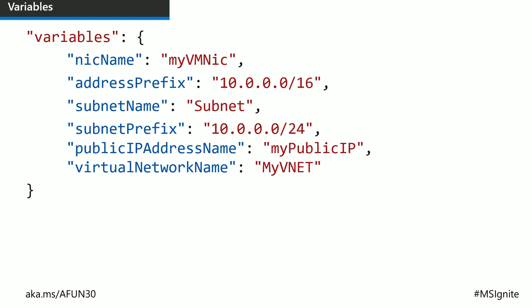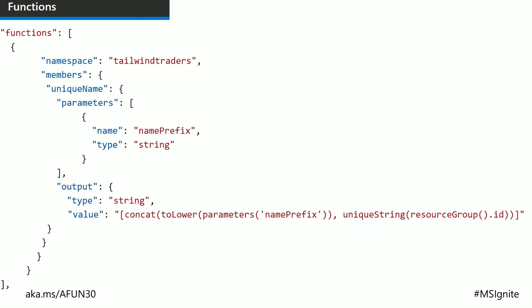One of the nice things about variables is they also support functions, and that's the next piece of Azure Resource Management templates. There are built-in functions that support things like string concatenation, generating unique strings, but you can also define your own function. So what this function does is it takes a prefix and gives it a unique suffix.